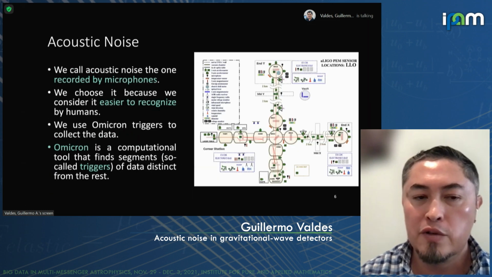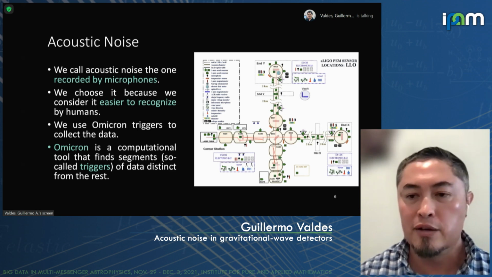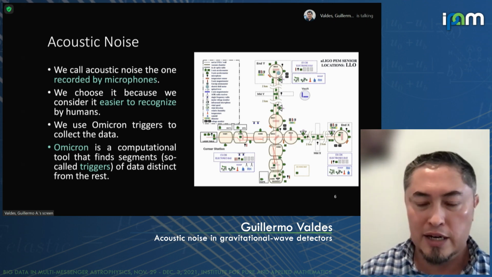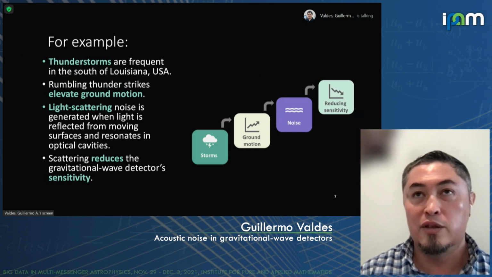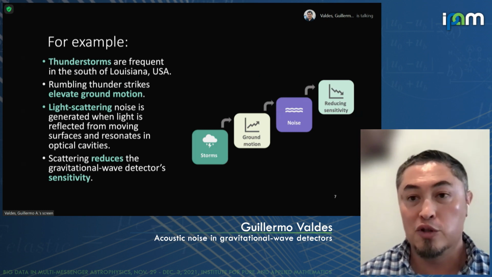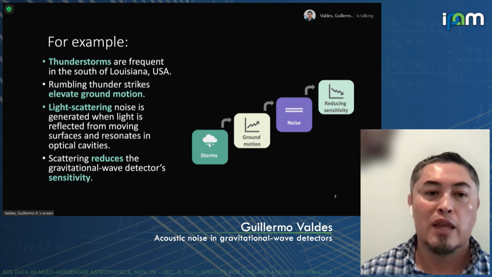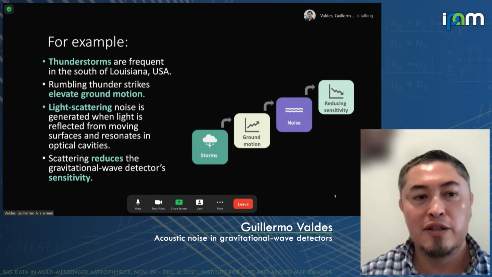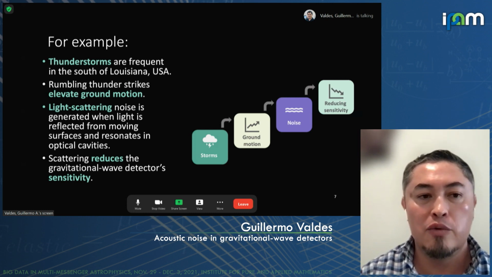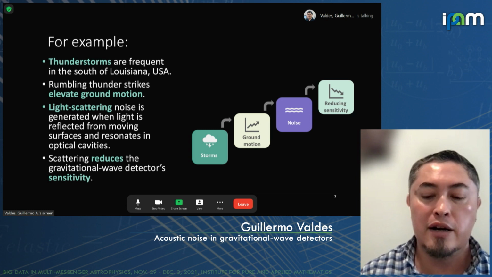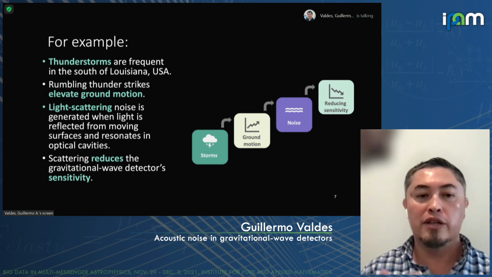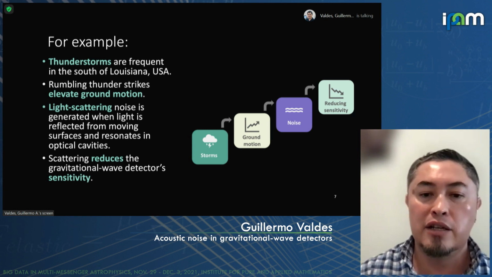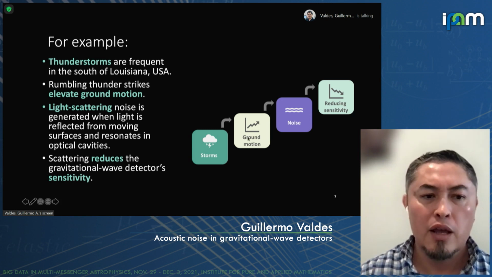Livingston is very close to Baton Rouge and New Orleans, and these two are among the cities with the highest amount of thunderstorms per year in the country, right? So it's interesting to study the effect of thunderstorms on the gravitational wave detector. These thunderstorms are frequent. Then you have a thunderclap, and you also have the rumble of the thunder when it strikes, and that elevates the ground motion.